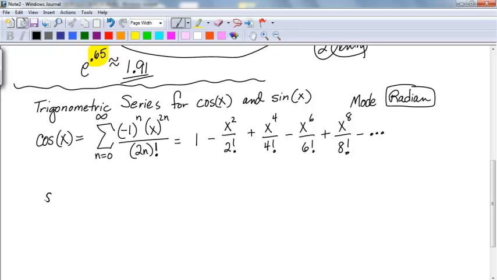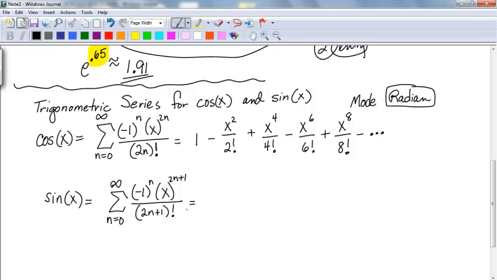For sine, same thing, you still want to be in radians. The formula for the summation is, in the numerator, -1 to the n power times x to the 2n plus 1 power, all over the quantity 2n plus 1 factorial, and n equals 0 to infinity.